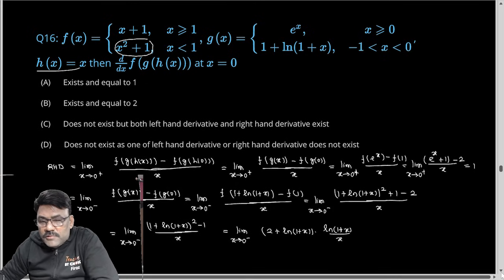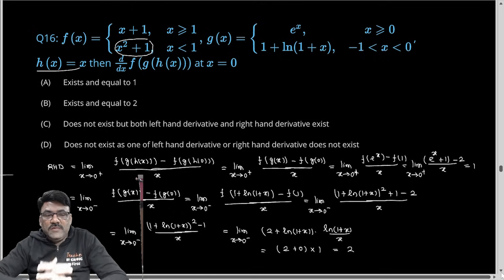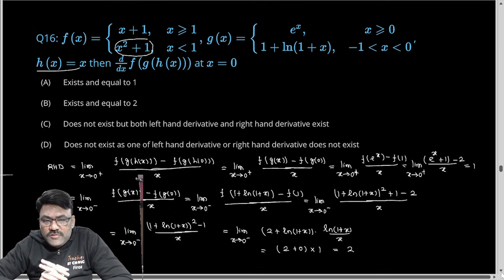And see, when x approaches 0, the first bracket will become 2 plus, when you put x as 0, log 1 is 0. So 2 plus 0. And this log(1 plus x) over x is 1. This is a standard formula. When x approaches 0, log(1 plus x) over x is 1. So this is 2. So you can see that the right hand derivative is 1, left hand derivative is 2. Means the derivative does not exist at x equal to 0.